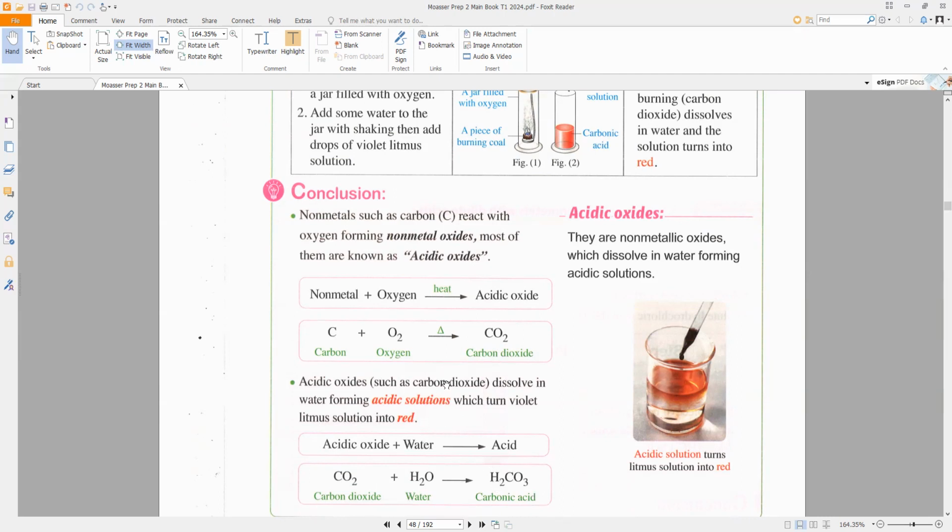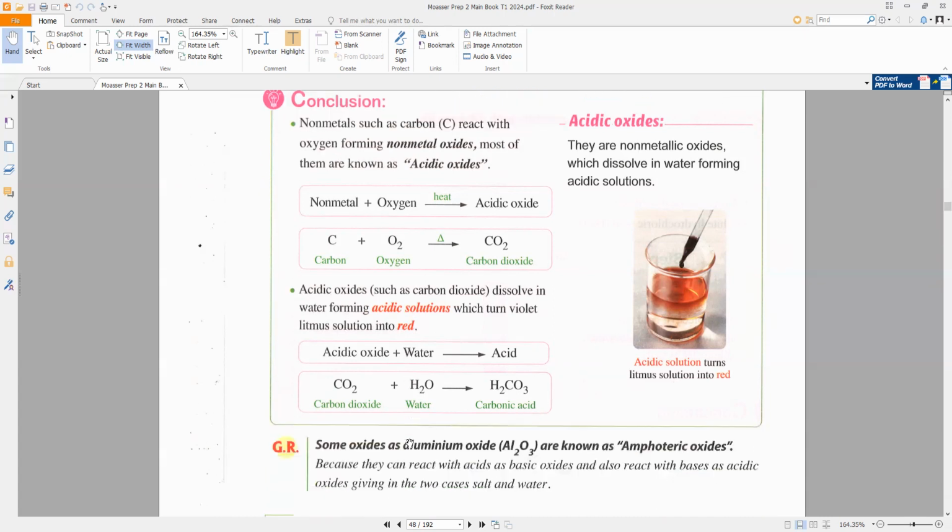We call it an acidic oxide because dissolved in water it forms acid. How do we check it? When we use litmus solution, it changes from violet to red. The basic oxide or alkaline solution changes litmus from violet to blue, but in non-metallic oxide it changes from violet to red. There is a difference between metal and non-metal reaction with oxygen. So it's called an acidic oxide.